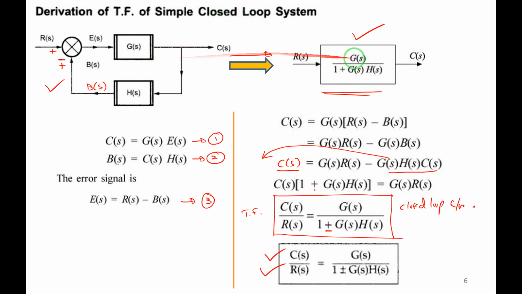From 2 blocks, it has reduced to a single block. You should remember the transfer function of the simple closed loop system. For negative feedback system, C of S by R of S is equal to G of S divided by 1 plus G of S into H of S. You should remember this. Okay, next we'll move on.